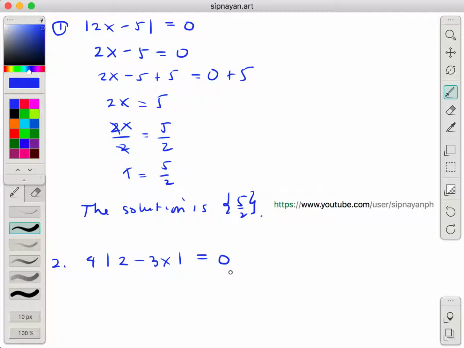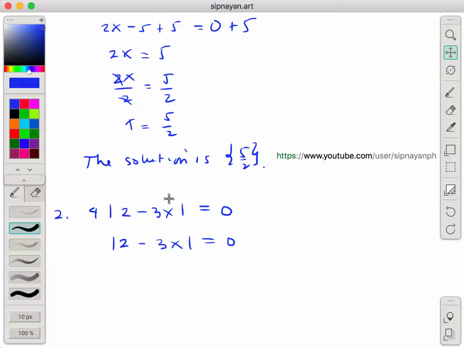Then 0 divided by 4 is also 0. So it becomes the absolute value of 2 minus 3x is equal to 0. We remove the absolute value and just equate to 0. So, 2 minus 3x is equal to 0.